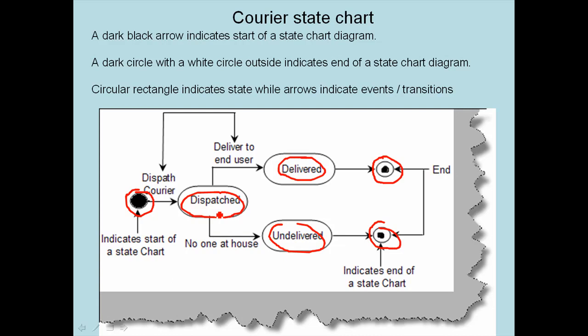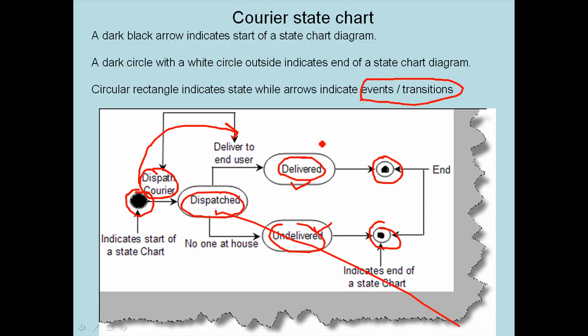For example, we have a state that is dispatched, then a state which is delivered, and then a state which is undelivered. When we move from dispatched to delivered, there are definitely actions and events. Currently I've shown only the events and the states, but you can definitely write the methodology which we discussed previously, where we had events and actions.